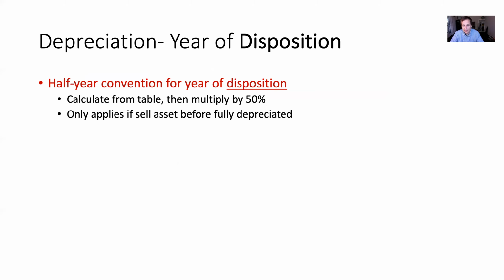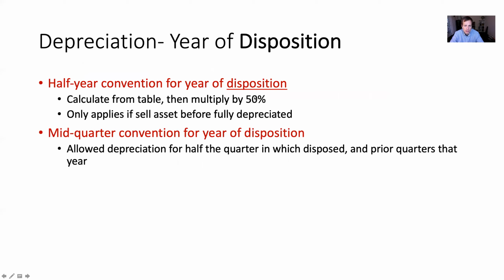When it could be slightly less simple is if I dispose of the asset while it still has basis left, meaning I haven't fully recovered it. So if it's a half-year asset and I sell it early, I'll take the full year number and then I'll just multiply it by half, by 50%. Pretty simple. Mid-quarter is a little bit more complicated.